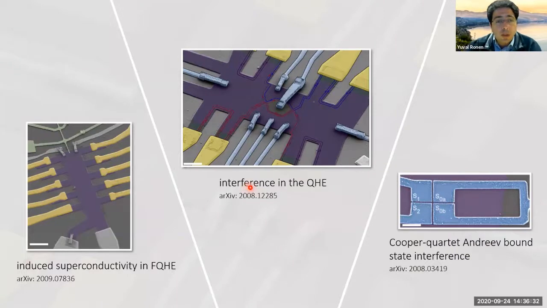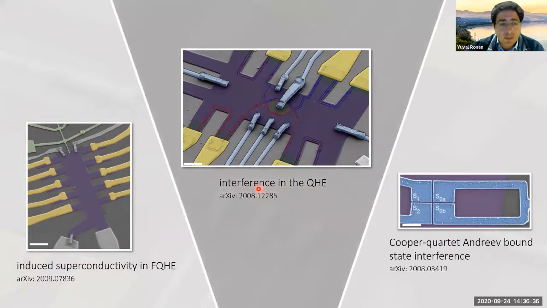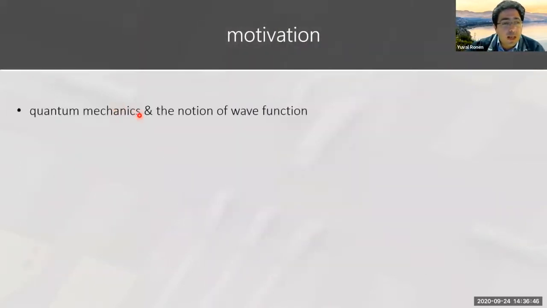But today I'll talk about interference in the quantum Hall effect. Okay, so let's dive in. When you talk about interference, the first thing that comes to mind is a wave. And in quantum mechanics, the first thing that comes to mind is a wave function. A wave function has two properties, which are amplitude and phase.